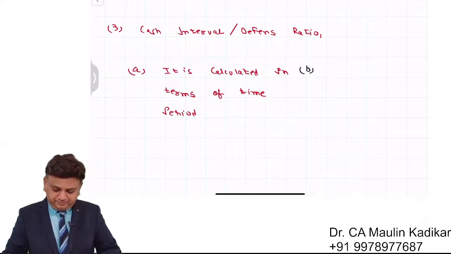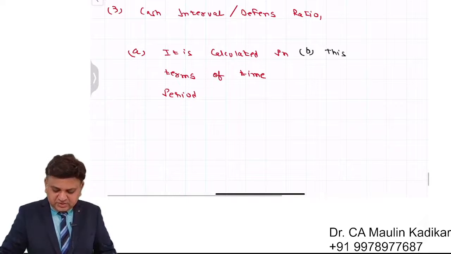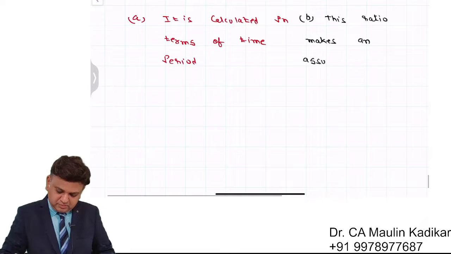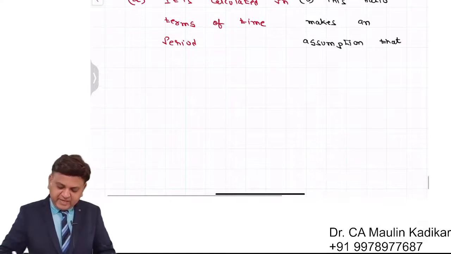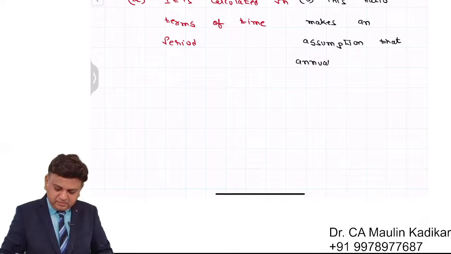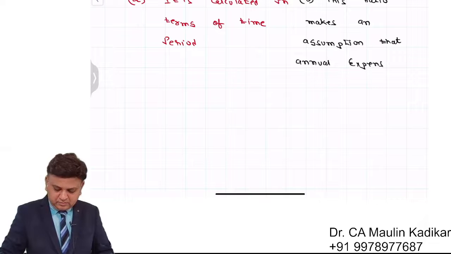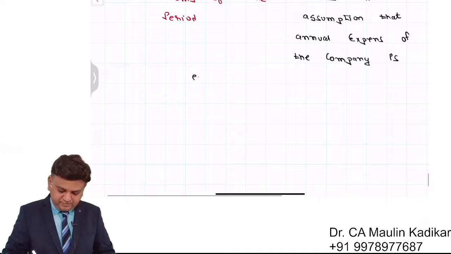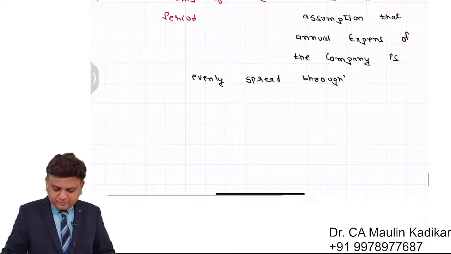Second, this ratio makes an assumption that the annual expense of the company is evenly spread throughout the year.